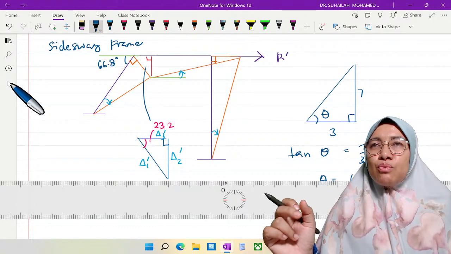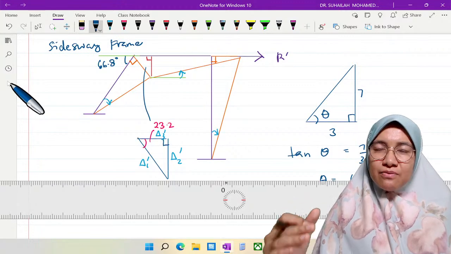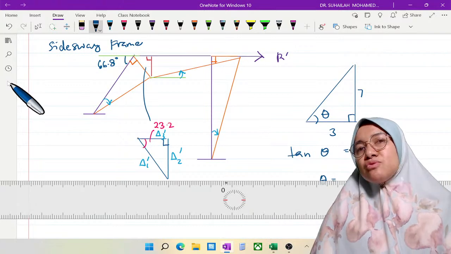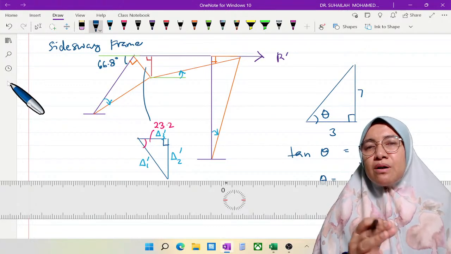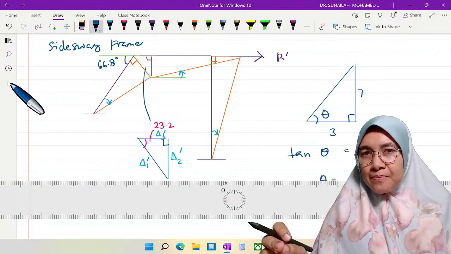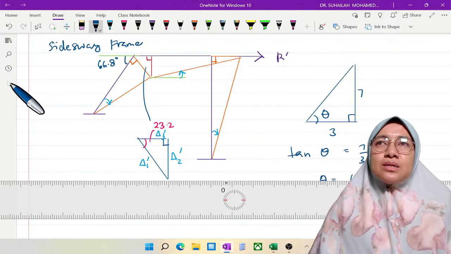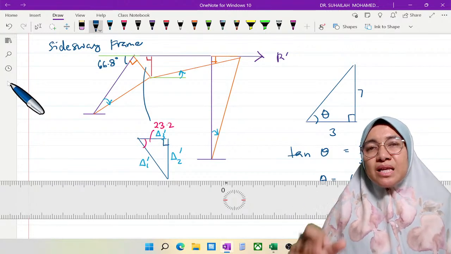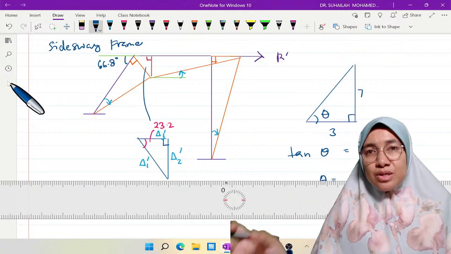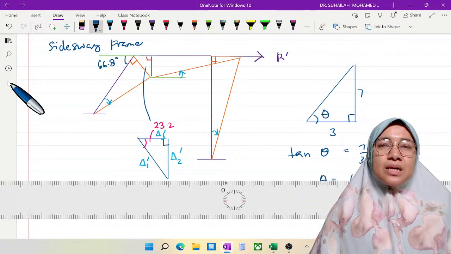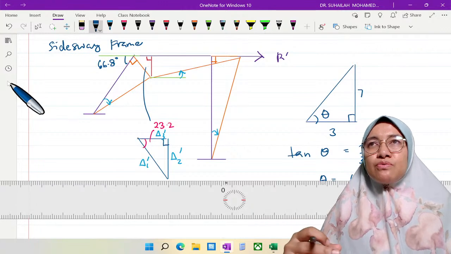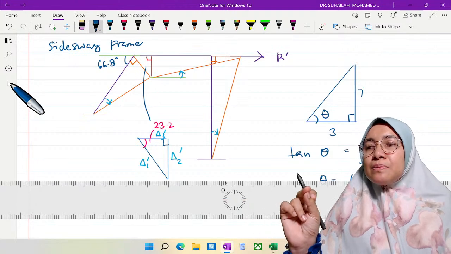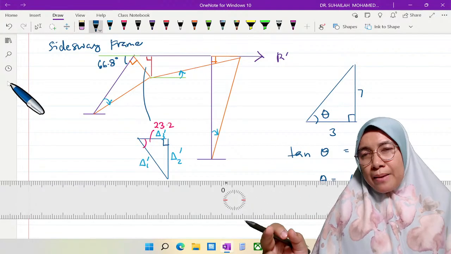So what we can do is analyze another frame, not the frame that we get directly from the principle of superposition, negative R plus R. The real Sidesway frame is the frame subjected to R in the right direction, but we analyze another frame which is proportional to the previous one.